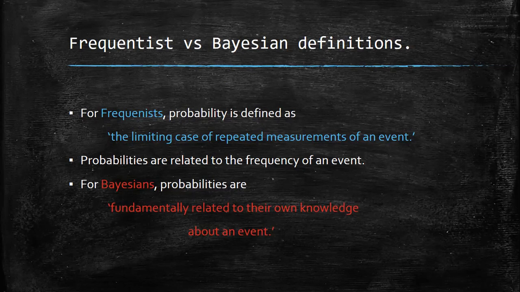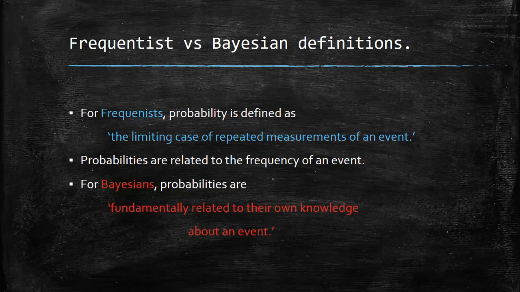It is defined as the limiting case of a repeated measurement of an event. If you have a coin, we toss the coin 100 times and see how many times they are heads and the number of times they are tails. If we have 50 heads, then we know that the probability of getting a head would be 0.5. So we can say that probabilities are related to the frequency of an event in a frequentist approach.